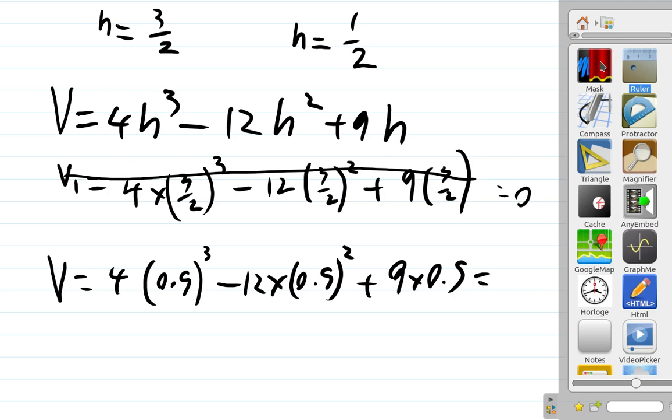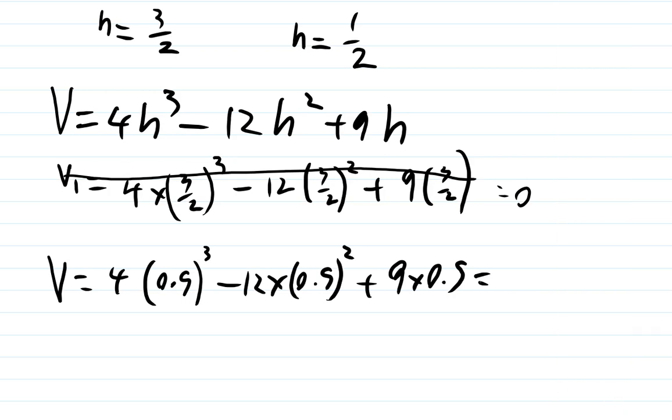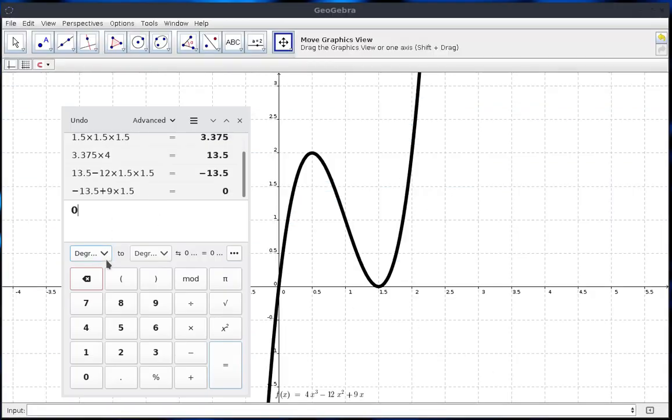Alright, let's not bother with that. 4 times 0.5 cubed. We have 4 times 0.5 times 0.5 times 0.5 equal.